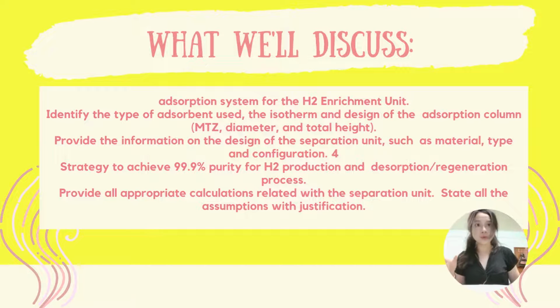Compared to the other two types of cyclic adsorption process, which are vacuum swing adsorption (VSA) and temperature swing adsorption (TSA), the PSA process has better performance in obtaining high hydrogen purity from a hydrogen-rich gas stream.